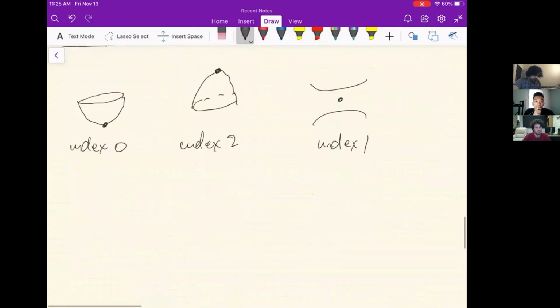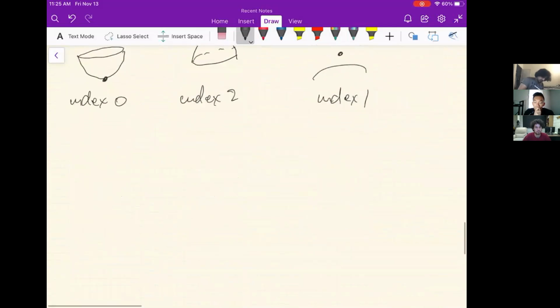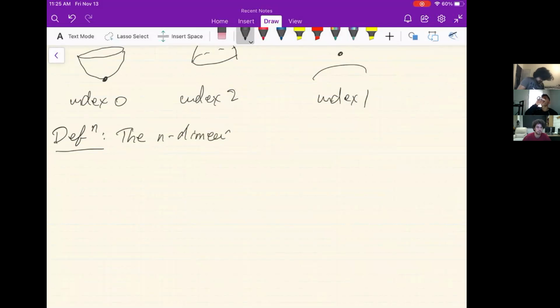Okay, now we have the other part that I should define, which are handles. So recall my manifold is n-dimensional. So the n-dimensional k-handle.